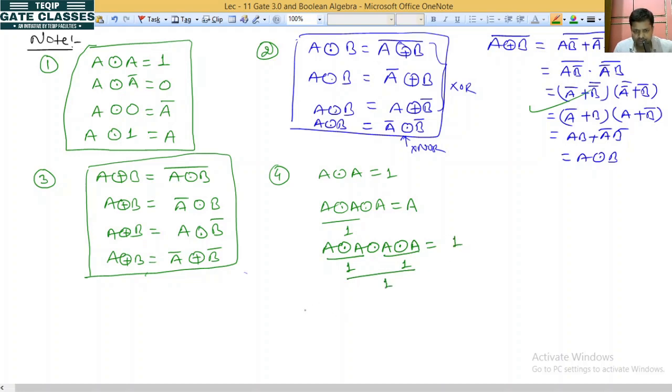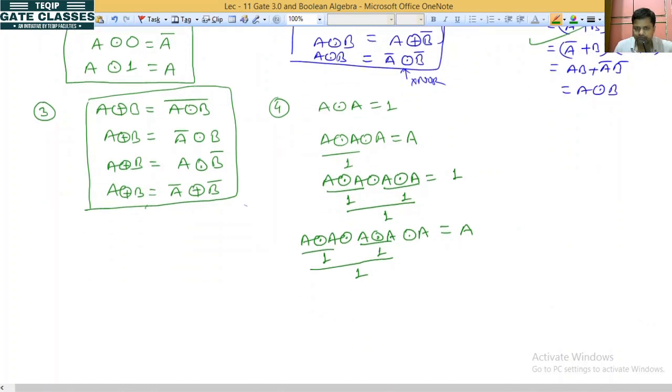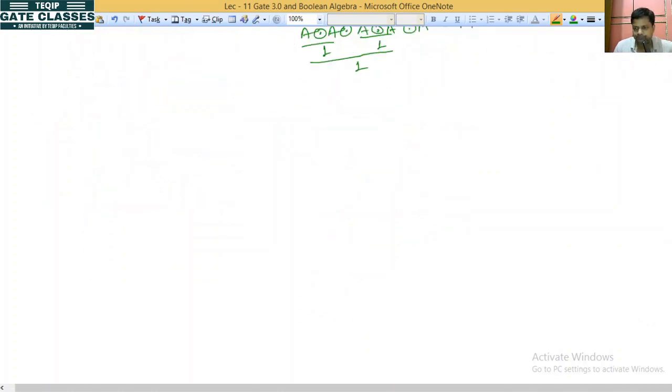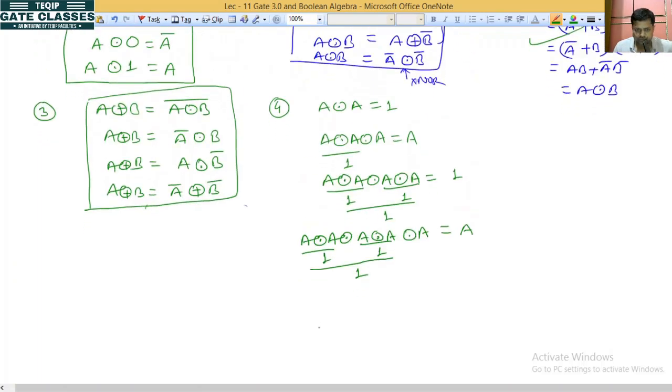Okay? Similarly, if we go one more time, then you can see here, it will be 1 XNOR A. Again the same formula, at 1 XNOR acts as a buffer, so it will be A. Okay? So I have developed one general formula here. What is that?